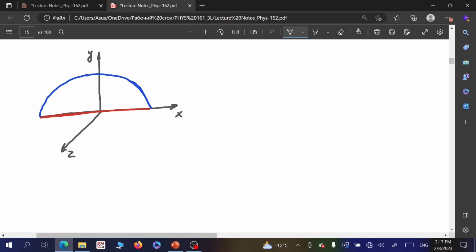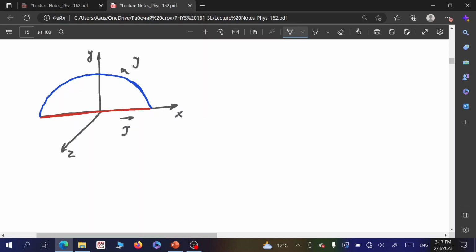Let's say we have current I. Obviously, it will flow like this here, so it flows in the counterclockwise direction. Now let us define some dimensions.